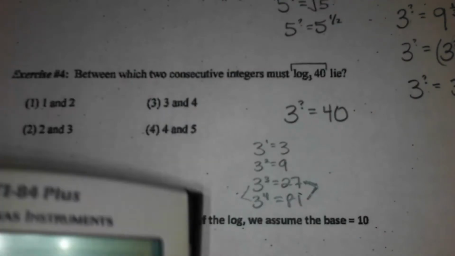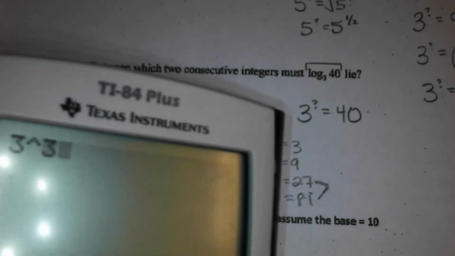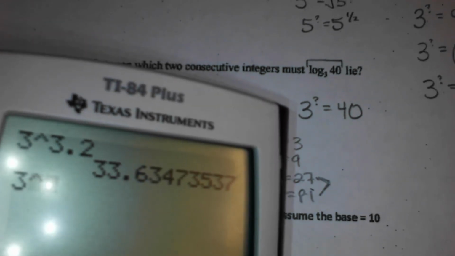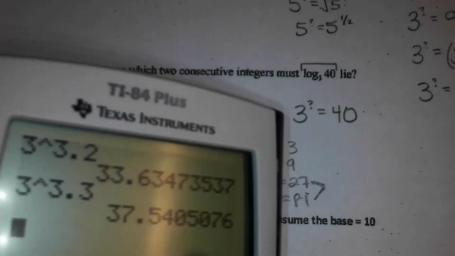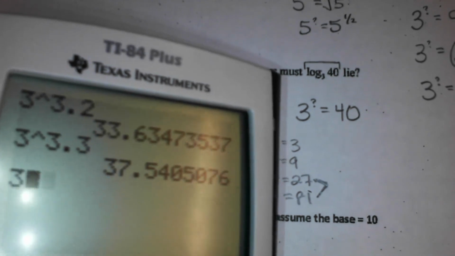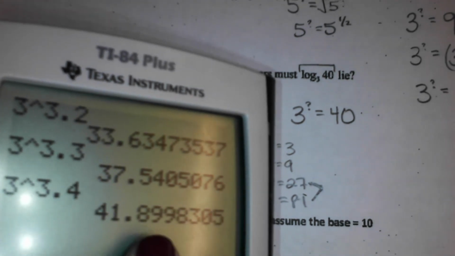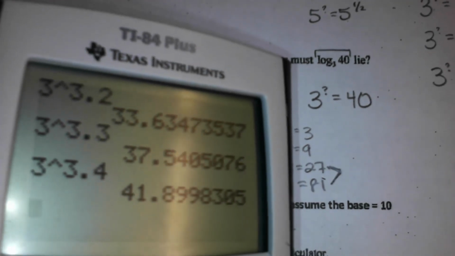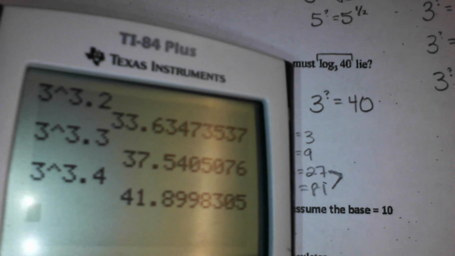So like if I did 3 to the 3.2, that's a little bit short of 40. 3 to the 3.3, still a little bit short of 40. 3 to the 3.4 is a little bit too high. But is it closer to 3.3 or 3.4? 3.4. But 3.4 is too much.